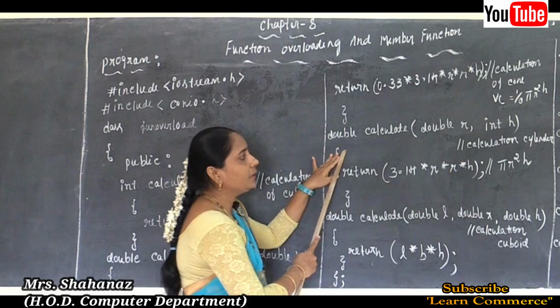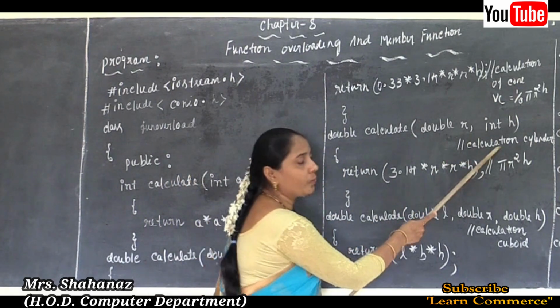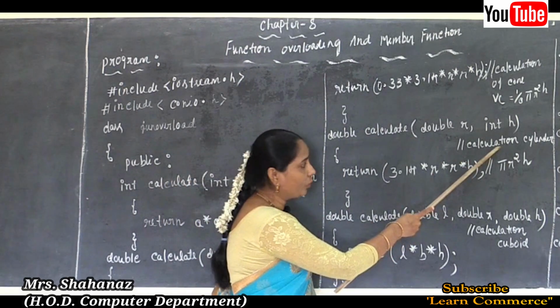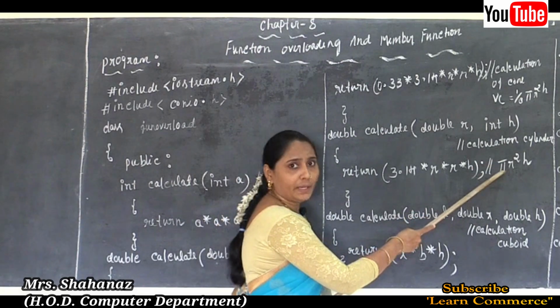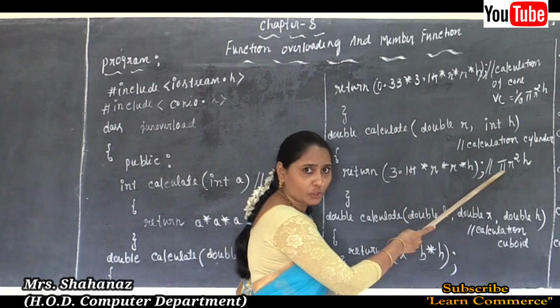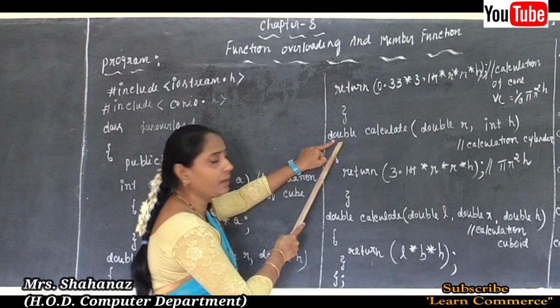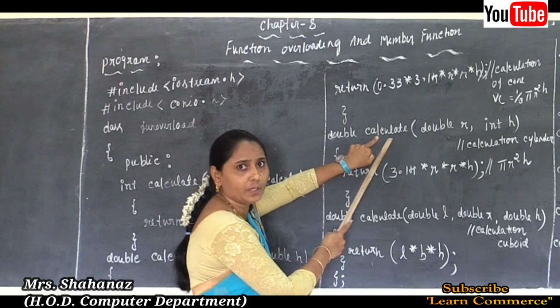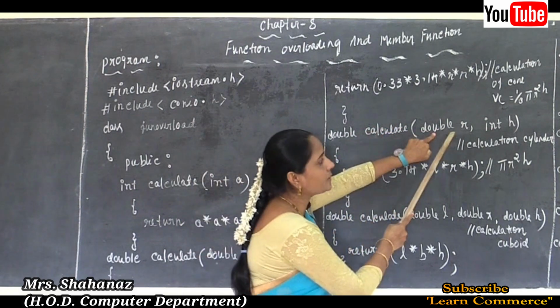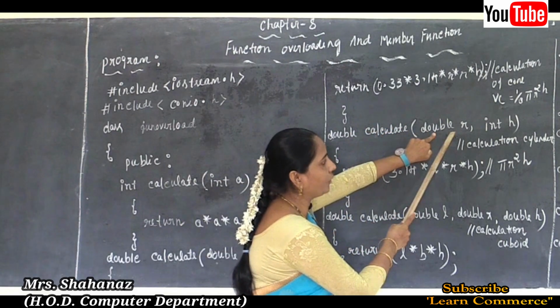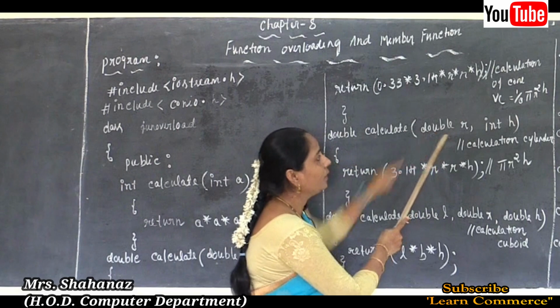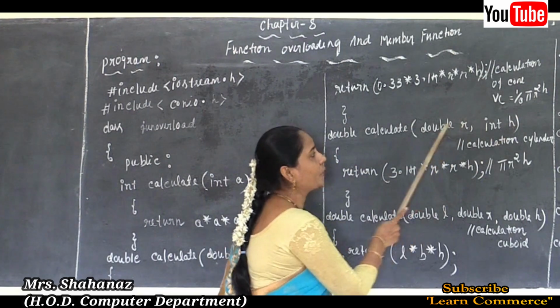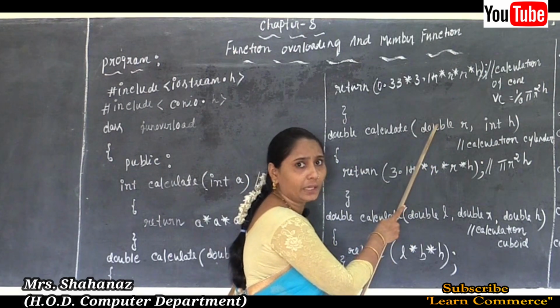And later, the third calculation is for our cylinder, and we know that mathematically pi r square h is used. So the return type is double, the function name is the same, calculate, and the arguments for the cylinder calculation are r and h, using the data types double and int.